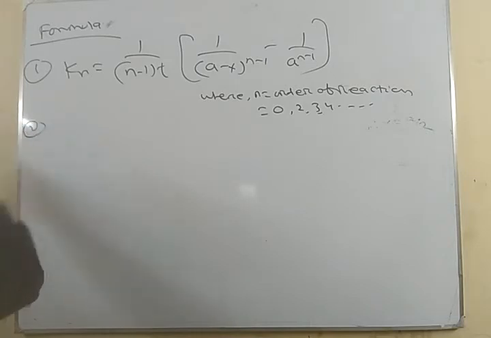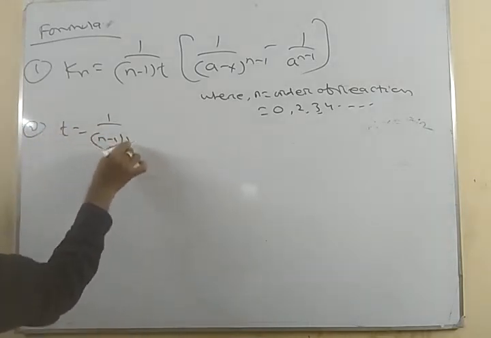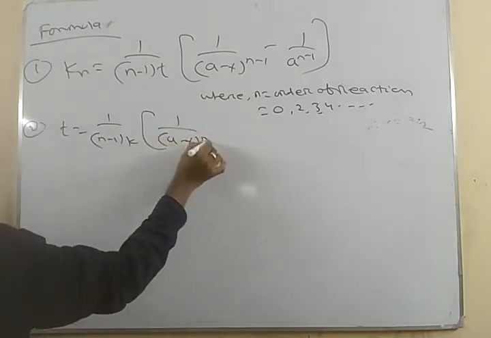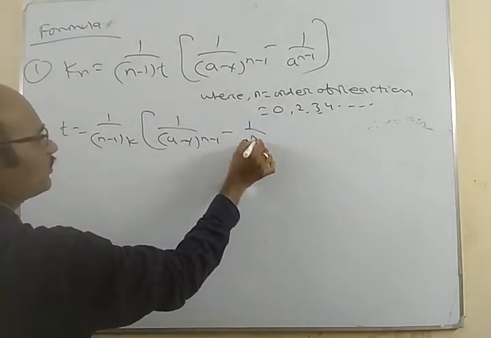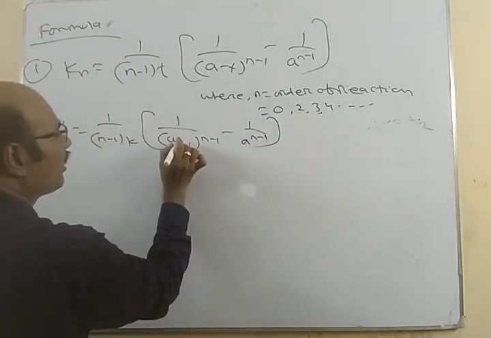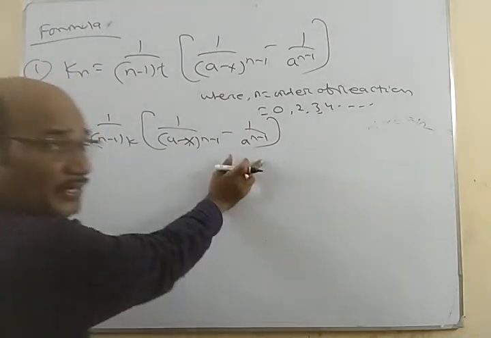So we have t equal to 1 by n minus 1 into k into 1 by a minus x power n minus 1 minus 1 by a power n minus 1. Here a minus x is your final concentration and a is your initial concentration.